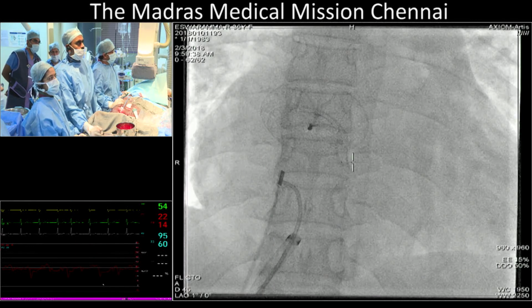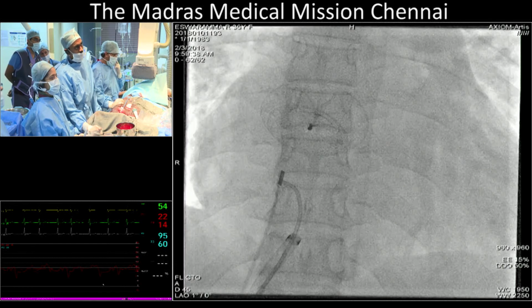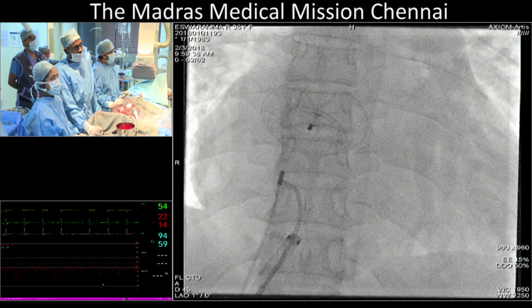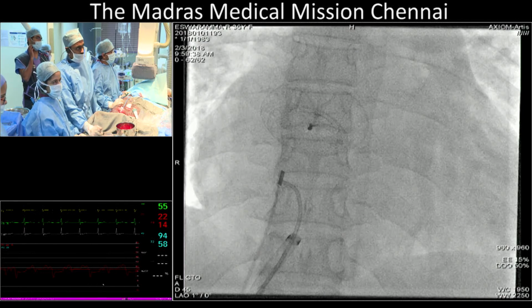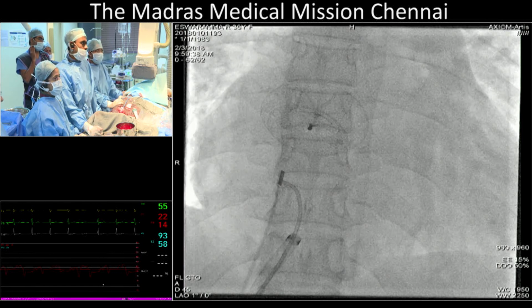Sometimes it takes a funny shape. We used balloons before and failed, but the tip deflector is fast. Using a Judkins catheter and tip deflector, put it behind the disc and fix it. We found it faster than the balloon.